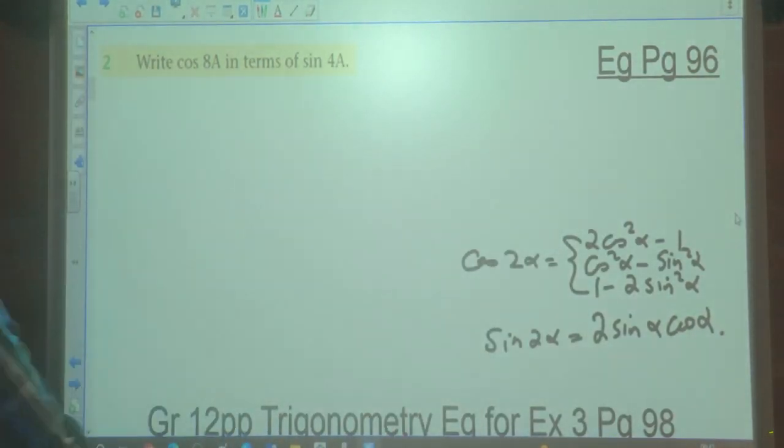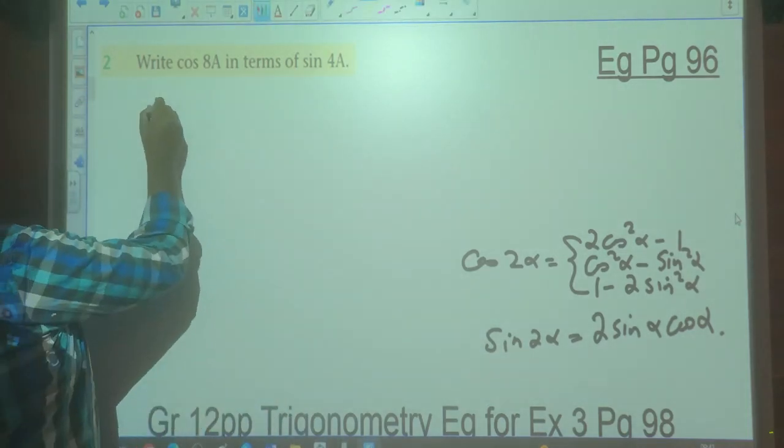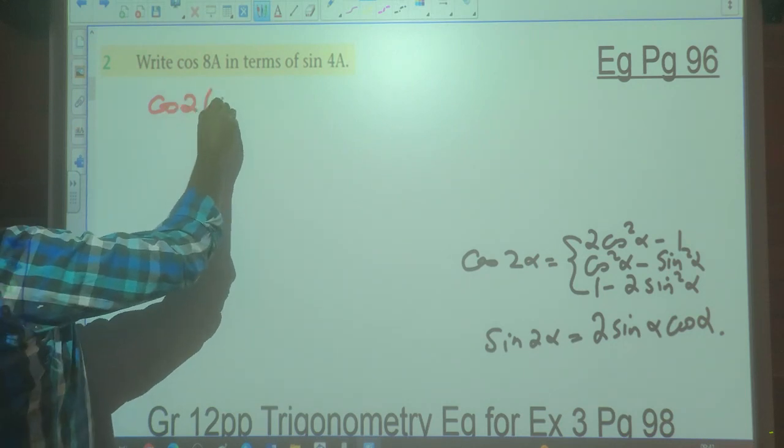People, the question says write cos of 8a in terms of sine 4a. So where do we start? We say cos of 2 times 4a.